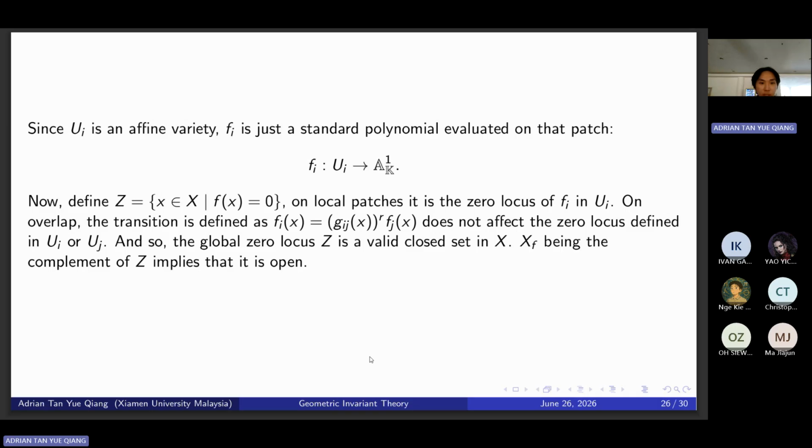So if we define the zero locus of this function, on all the local patches, it is still the zero locus. And on the overlaps, since we are doing something in a line bundle, the transition function is given by a scalar. But it doesn't matter because Z is where F(x) equals 0, so the scalar doesn't matter. Therefore, Z is a closed set in X, meaning that its complement is open.